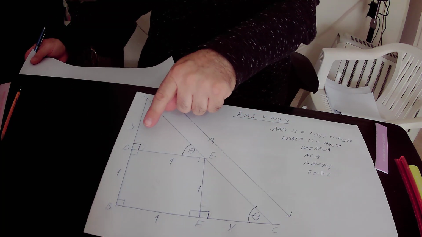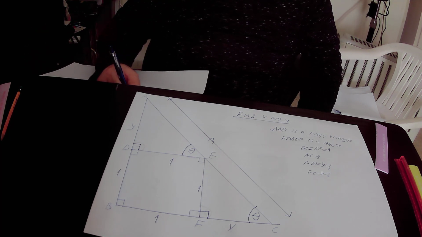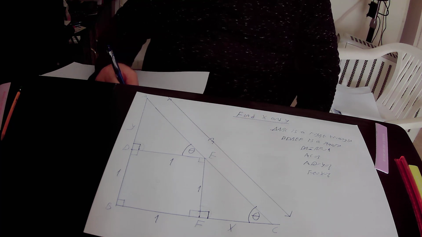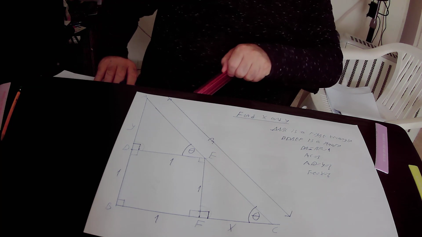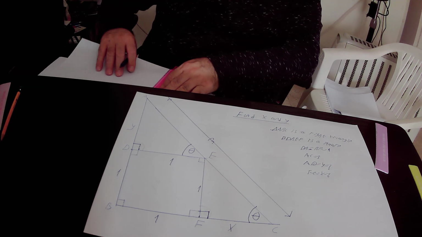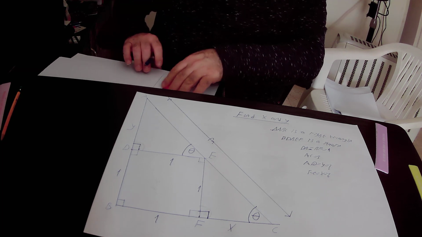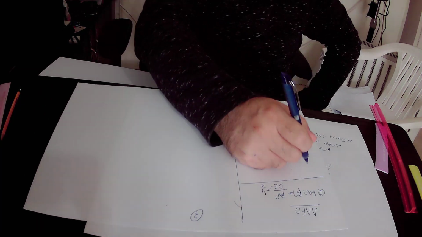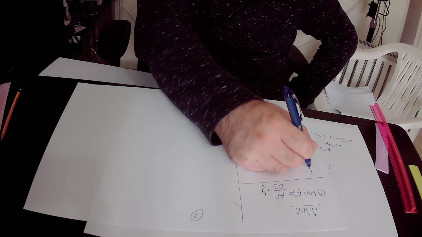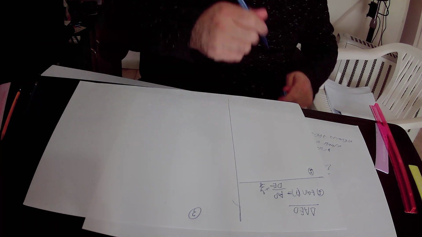AD equals Y according to what is given in the question, and DE equals 1 unit. So in conclusion, we found out that according to equation number 1, tangent theta equals Y.